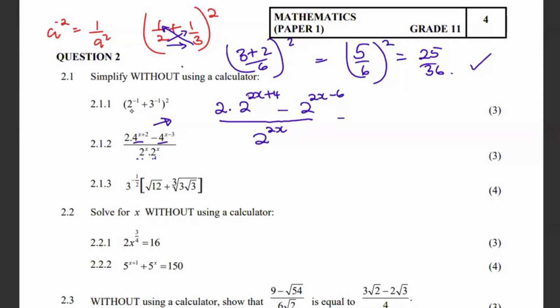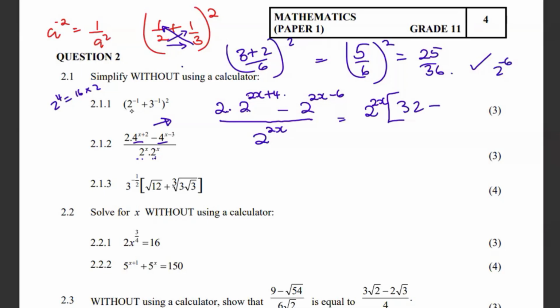Let's factor out the 2 to the 2x, because whenever you have a plus or minus, factorization is a must. We're going to be left with 2 to the 4 multiplied by 2. 2 to the 4 is 16, times 2 is 32. Minus, I'm going to be left with 2 to the negative 6.